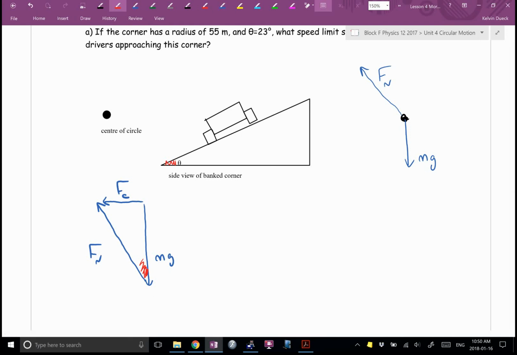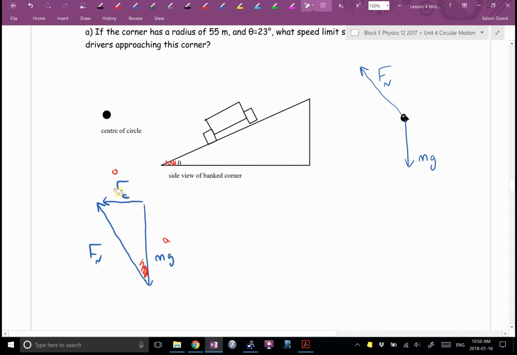So now that gives us lots of options. First of all, FC: opposite, adjacent, or hypotenuse? What about mg? What about the normal force? I'm going to leave the normal force blank. I'm going to look like it's labeled, but I'm not going to put the H on there. What are we trying to find?